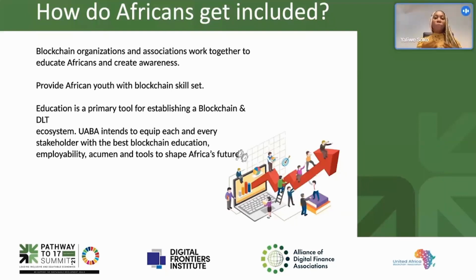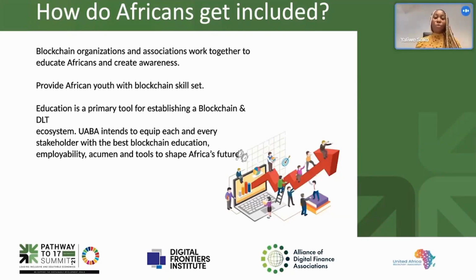Also, Africans can get included by being given, especially the youth, blockchain skill sets, because education is a primary tool for establishing a blockchain and distributed ledger technology ecosystem. That's DLT. I'll talk about United Africa Blockchain Association, known as UABA.